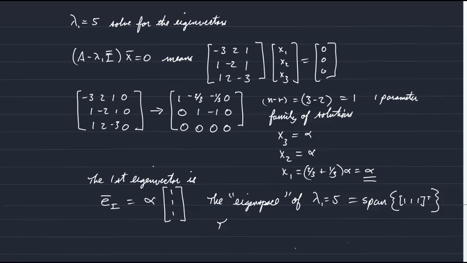And this is a 1D subspace of 3D space. And Greenberg denotes 3D space as capital R, kind of a fancy R, 3. So this is a one-dimensional eigenspace corresponding to the first eigenvalue.